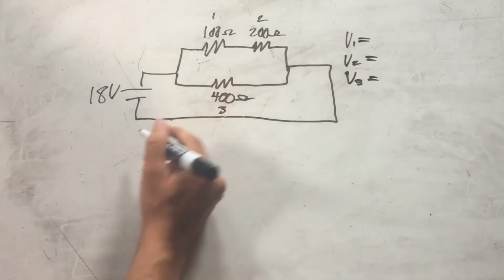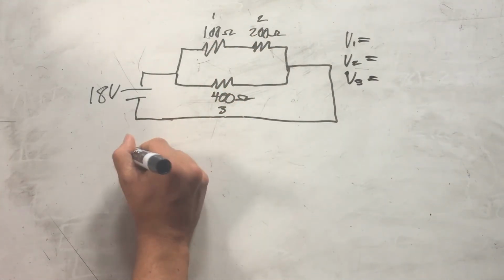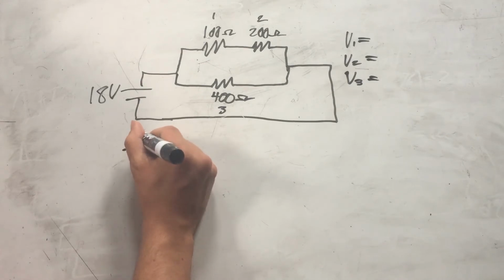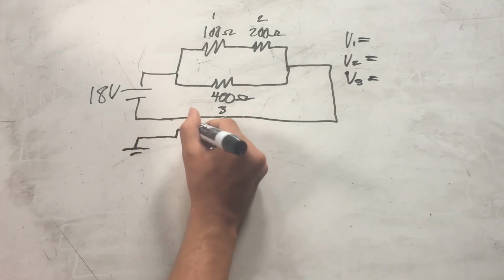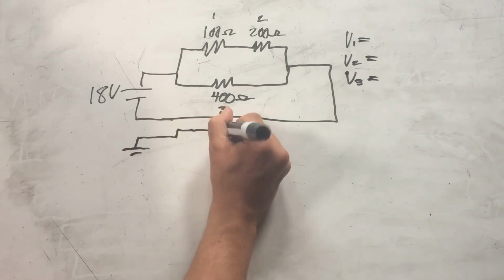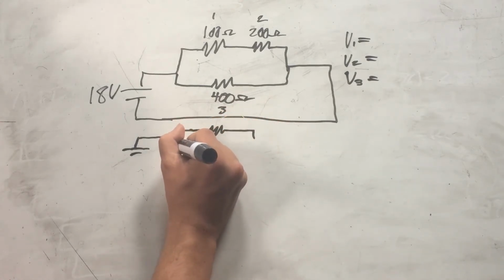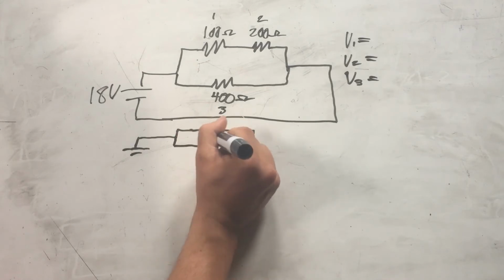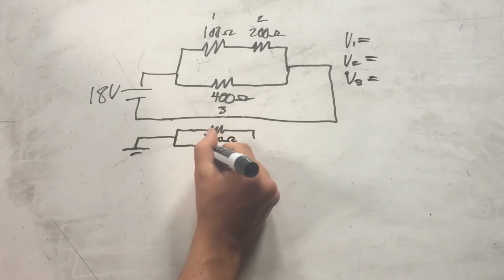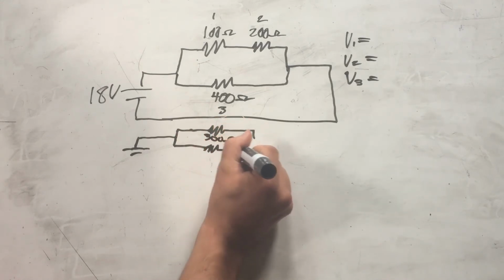First, we're going to rewrite our circuit with an equivalent resistor of 300 ohms, simplified using our law before, just by adding the two resistances. And we still have our 400 ohm resistor down here.